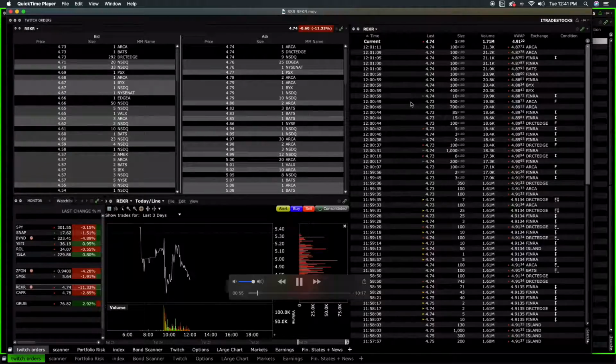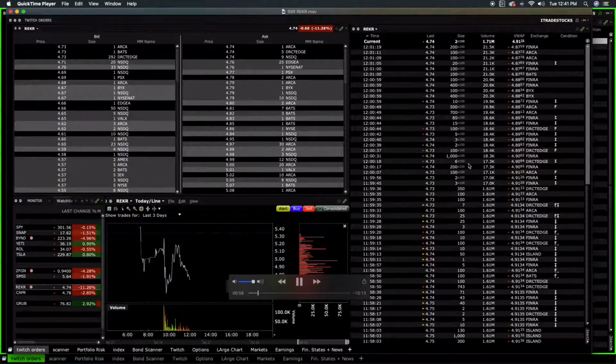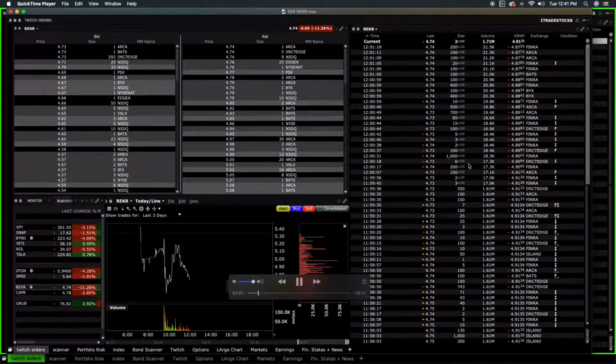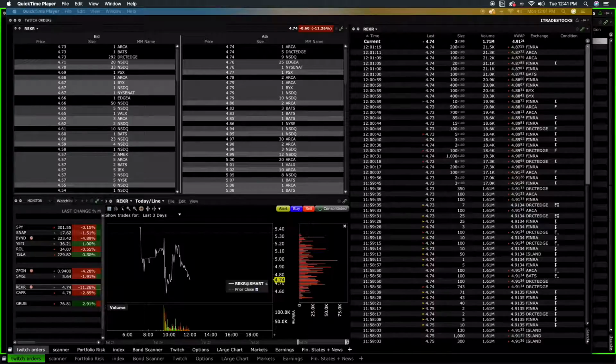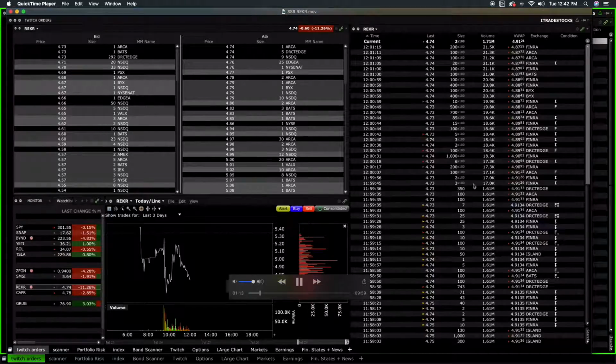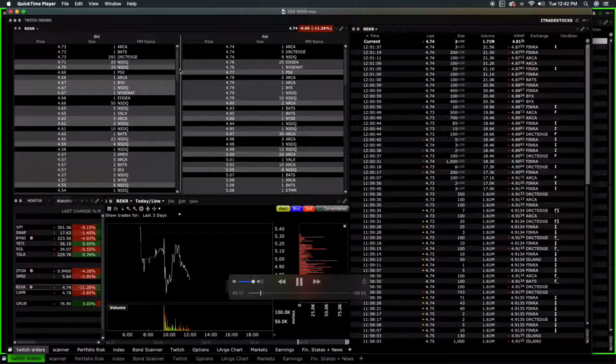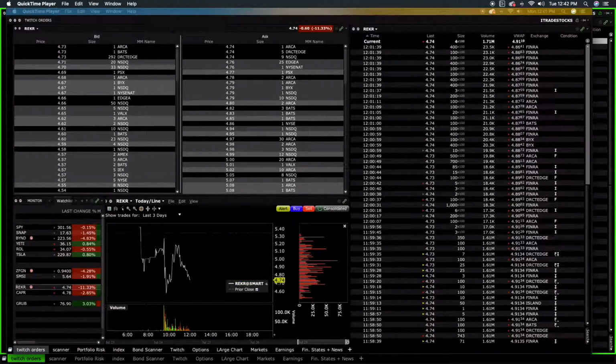Normally when I'm sitting here watching a stock like this, because I was short REKR, I have a piece of paper at my desk and I'll start writing notes on whatever I'm seeing. If I see a big order at $4.73, I will write that down and do the math and write it in dollar volume as to how much money someone is trying to buy.